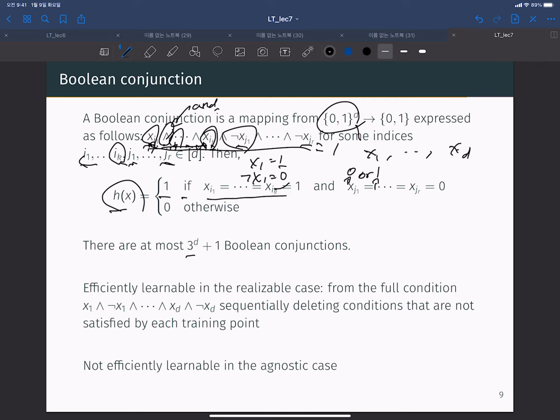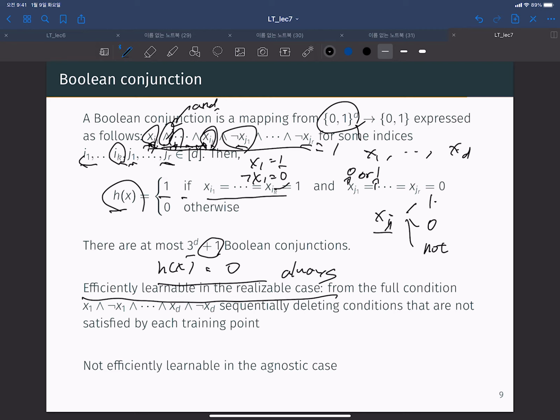Because for each x_i we can define whether it is positive, negative, so true or false, or just not included in the conjunction statement. And the plus 1 is because we can define h(x) equal to 0 always. So there are at most 3 to the d plus 1 Boolean conjunctions, and ERM can be efficiently run in the realizable case.